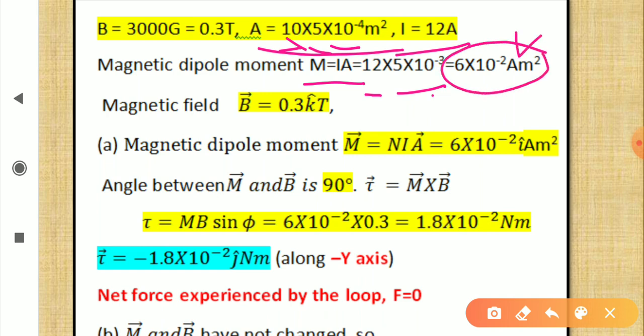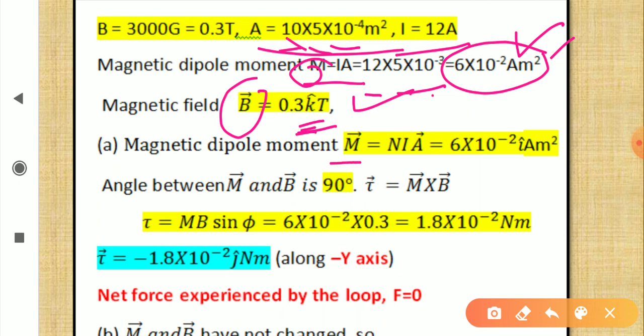This is the magnitude of the dipole moment, 6 into 10 to the power minus 2 ampere meter square. Now the magnetic field is 0.3 k cap. See, the field is along the positive z-axis, and the unit vector along plus z-axis is k cap, Tesla.